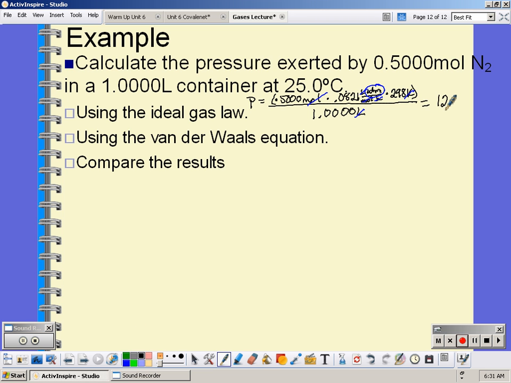Now we're going to use the van der Waals equation to see how different it would be if we thought about it as a real gas. So I'm going to look on page 212 for my constants for nitrogen.